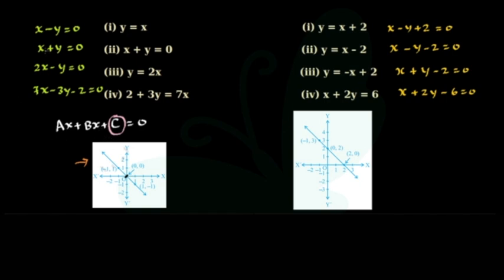So can you quickly spot out that among these 4 given equations, for which the constant part is 0? Yes, I think you know that. It is for the first one, the second one, and the third one. For the last one here, the constant part is not 0, it is minus 2, right?